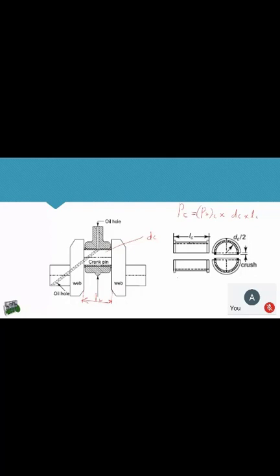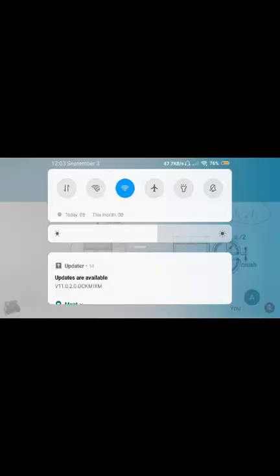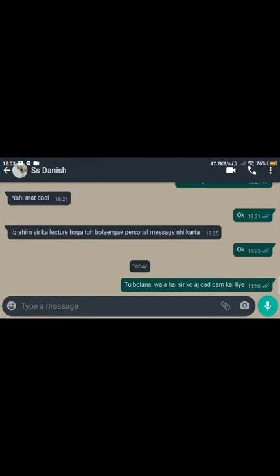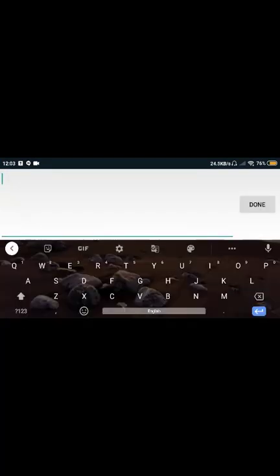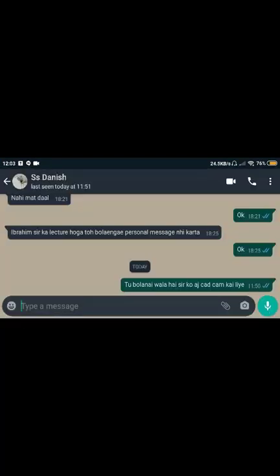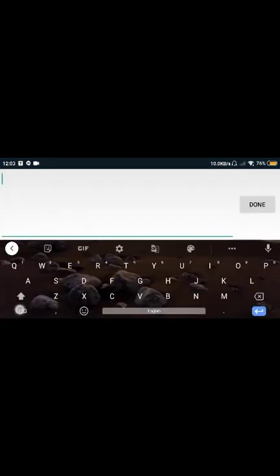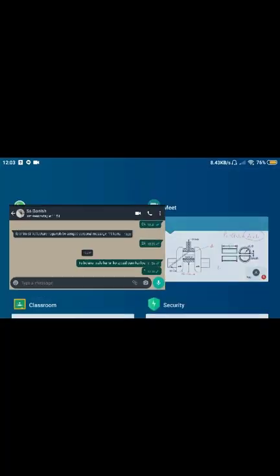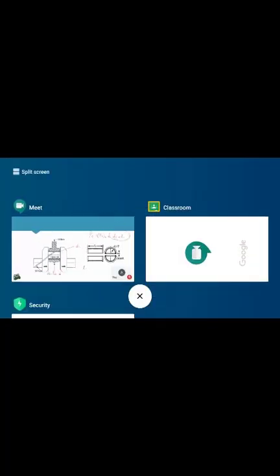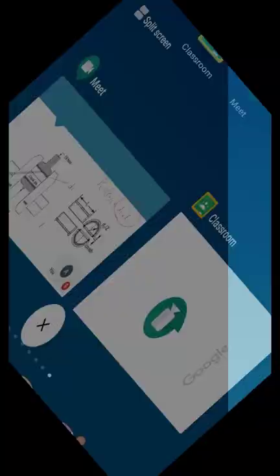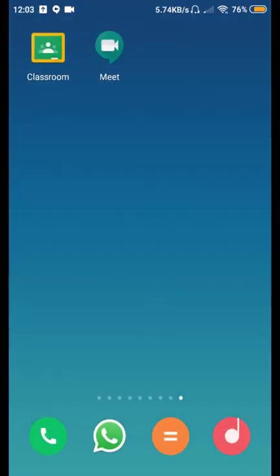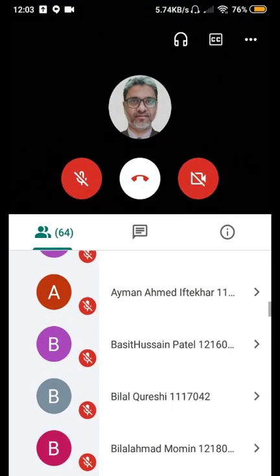Mind you, this time, once again DC and LC are unknown, so the L by D ratio here is normally taken in the range of 1 to 1.5 times. Okay, so this is the only difference. Understood?